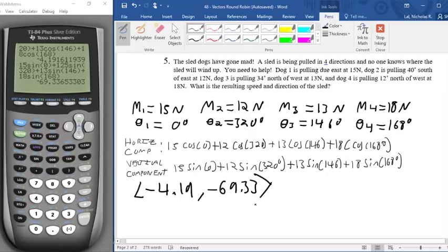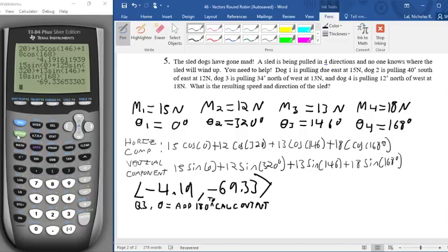Alright, so now we need to find the magnitude and the direction. So this is in quadrant 3. In quadrant 3, for theta, we add 180 to our calc output. But let's do the magnitude first.